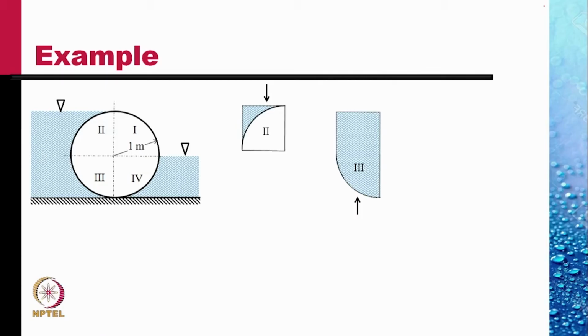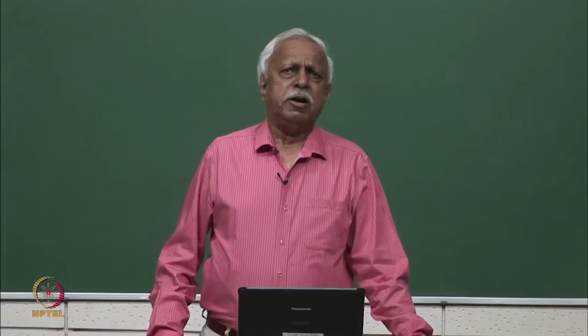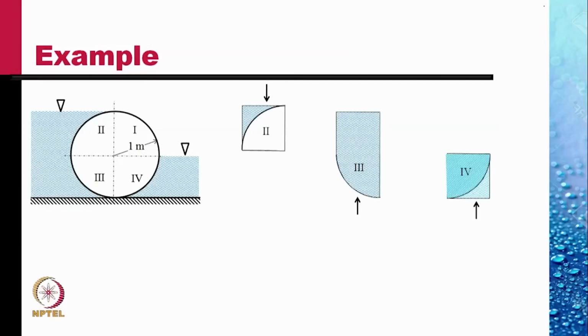On the fourth quadrant, the force would be the weight of the darker blue area of the liquid shown. So, per unit depth, we can evaluate these areas and find the total force. On quadrant 2, the force is downward, while on quadrant 3 and quadrant 4, the force is upward.